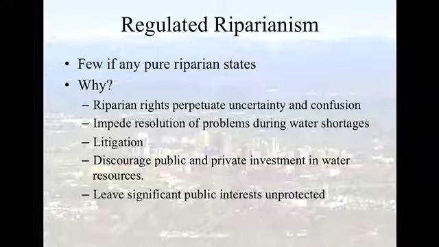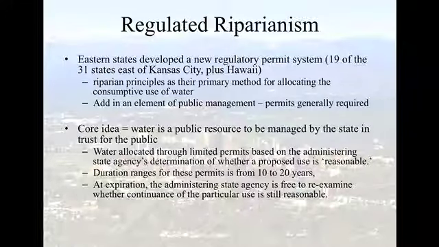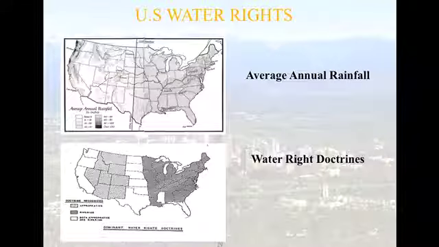What we see instead is a form of regulated riparianism. This is mostly states that are east of Kansas City, so mostly states in the eastern United States and Hawaii. So this is that 100th meridian line drawn on here. Like we said, these are the wetter states. And if we map on our dominant water rights doctrines, you'll see that this darker hashing is the riparian states.